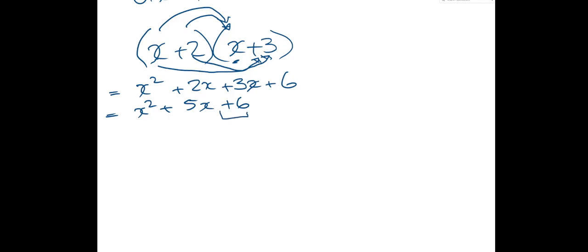It comes from when we multiply the plus 2 and the plus 3. Maybe let's just get rid of these arrows just so it's a bit clearer.